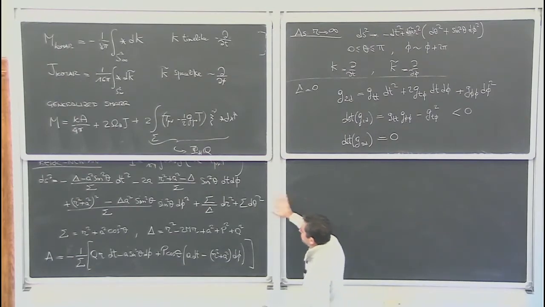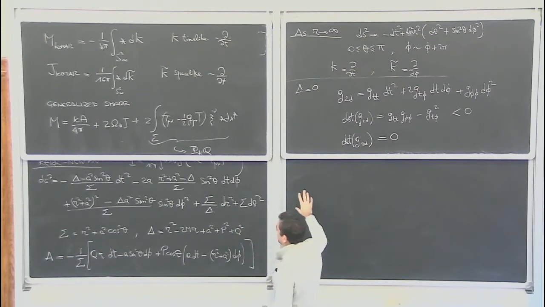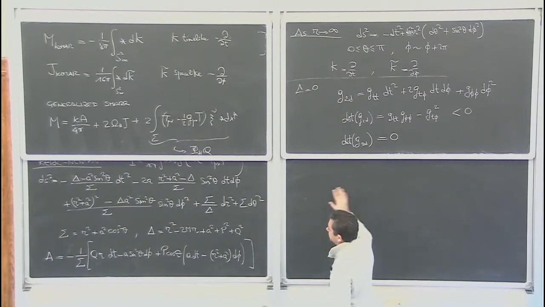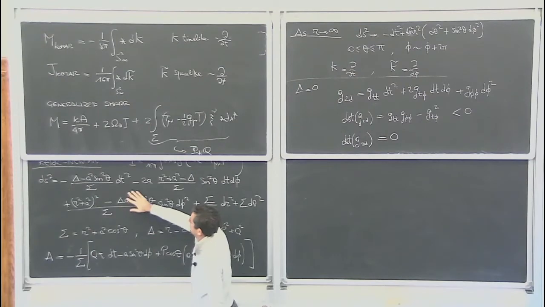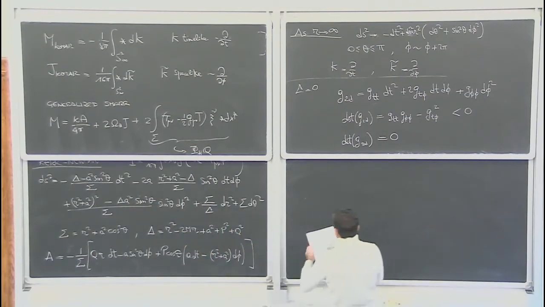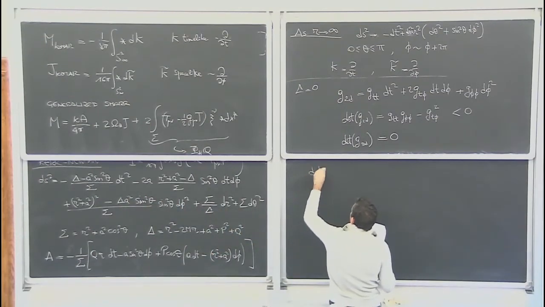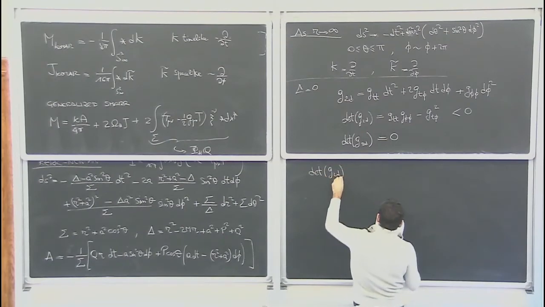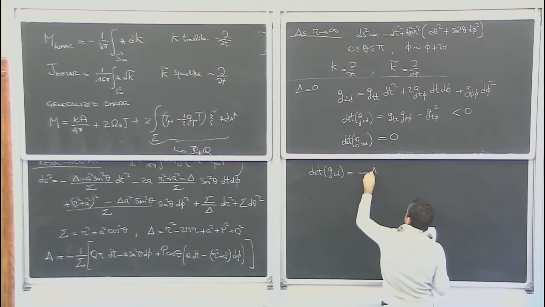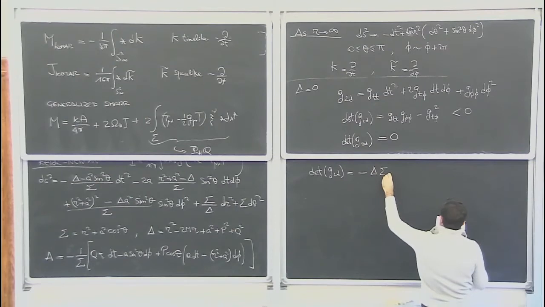So if you compare, I'm not going to go through all the details, but if you compare the g_tt, g_φφ expressions with the ones that are written here, you can see that this determinant of g_2D is minus delta times sigma times sin squared of theta.